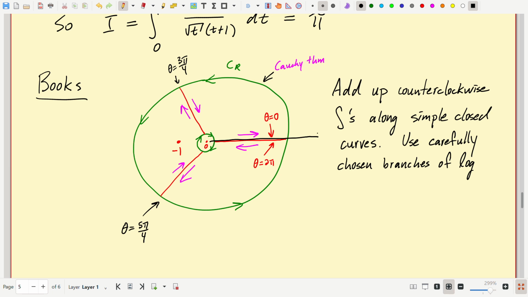Since they agree there, it's going to cancel. If I choose the branch to agree there, those are actually going to cancel and go away. And I take the branch that goes from 0 to 2 pi for the last one, and there I don't use the Cauchy theorem, I use the residue theorem.